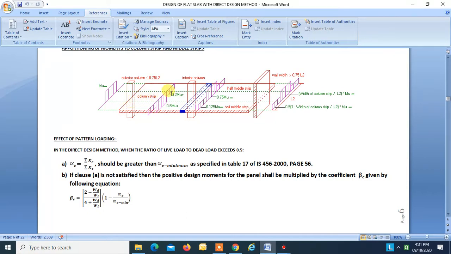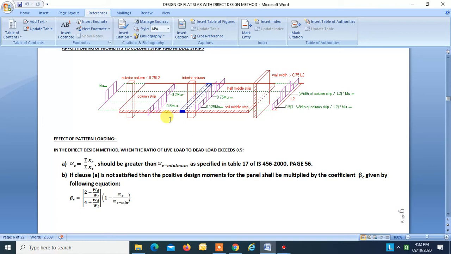Now, the moment near the midspan is distributed transversely: 60% of that moment will be taken by the column strip and 40% by the middle strip, that is 20% by this half middle strip and 20% by this half middle strip.